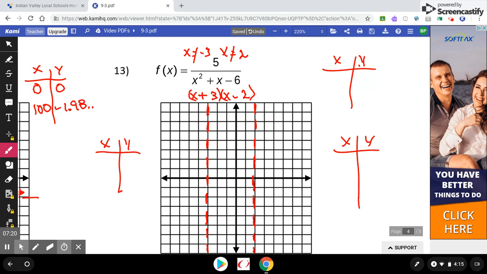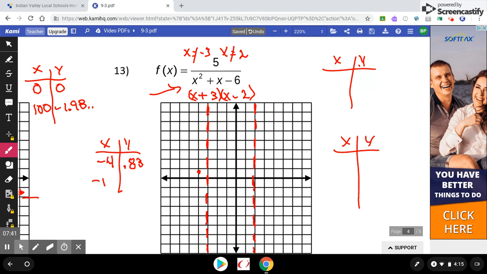All right, let's plug some numbers in. So if I plug in negative 4, which is to the left of the dashed line. So again, this is a calculator thing. You can plug negative 4 into that problem. I don't have time or space to do it, but I am going to tell you it ends up being 0.83 approximately. So negative 4, 0.83 is right about there.